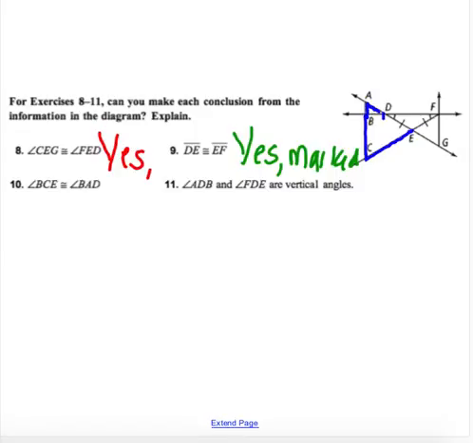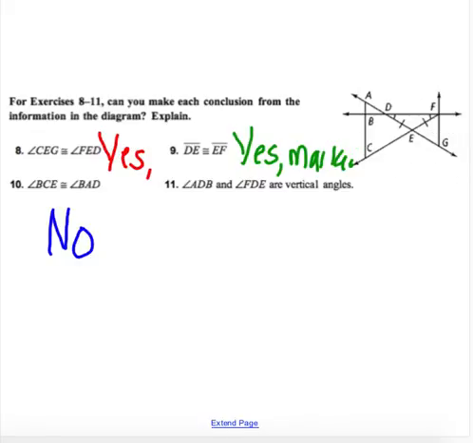BAD, this angle here. Nope. Or at least we can't say it is. I'm pretty sure they're not, but so far we can't say they are. They're not vertical angles, supplementary, complementary, you can't say anything like that.